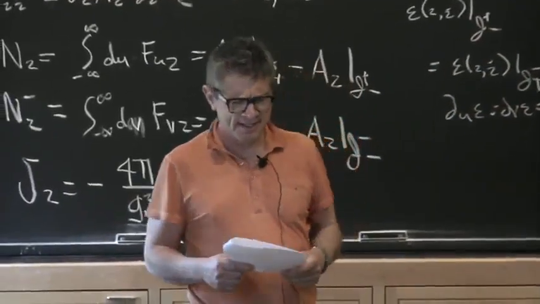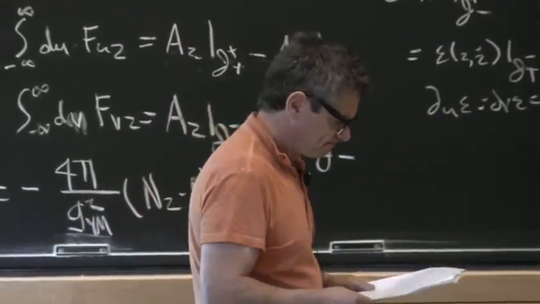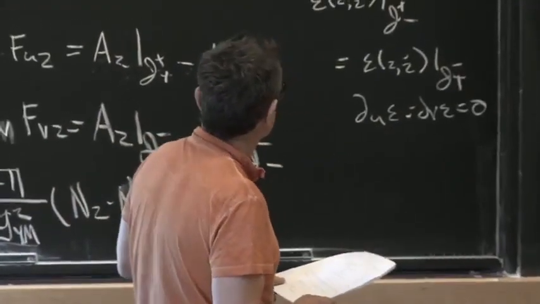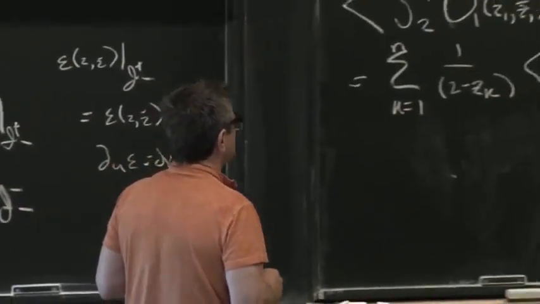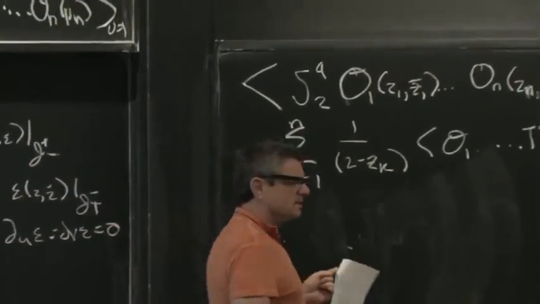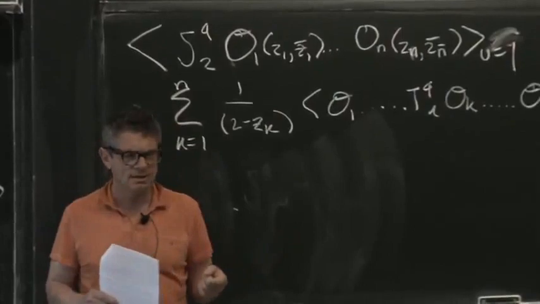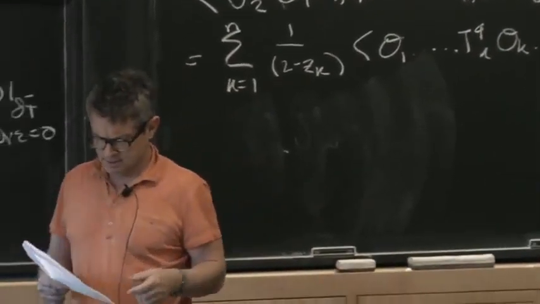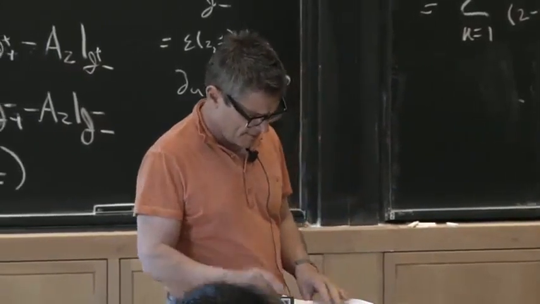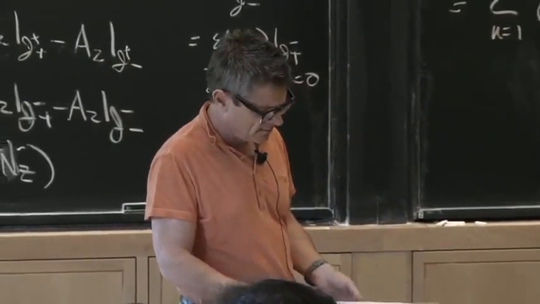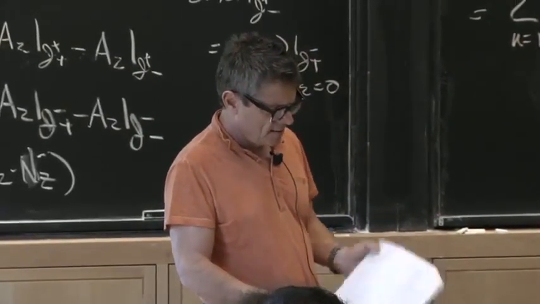Though I should add that unlike in the abelian case, this has corrections. This was a comment I was going to make later, but let me make it now, since you've asked about the level.